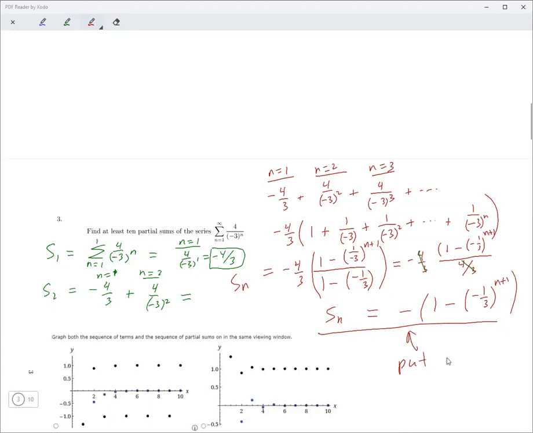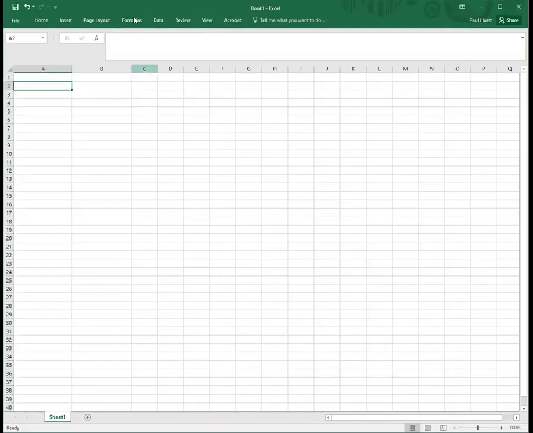I'm going to put this formula into Excel. This is when n is 1, 2. I'm going to make this the value of n, because I want to do 10 of them.